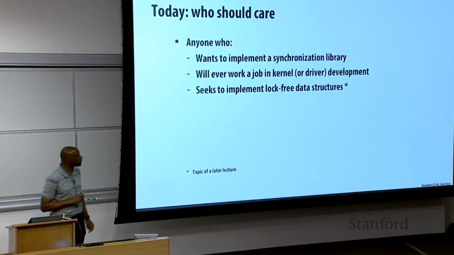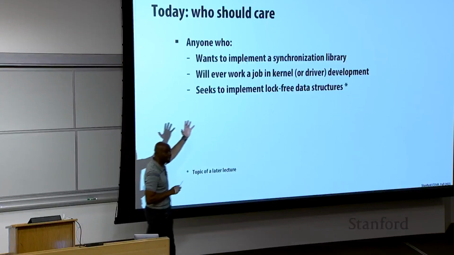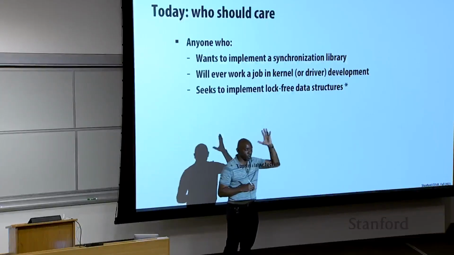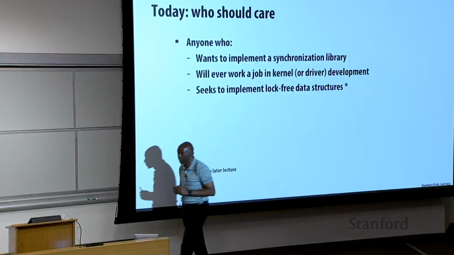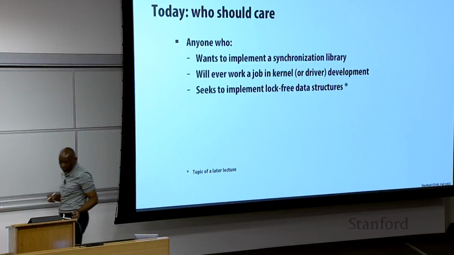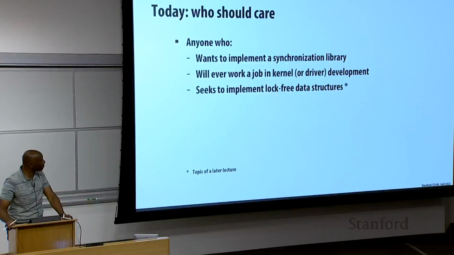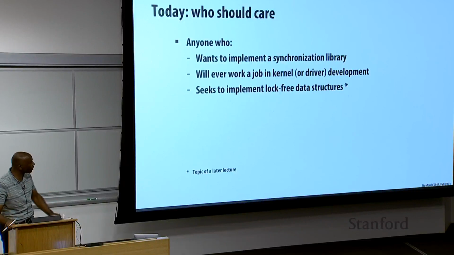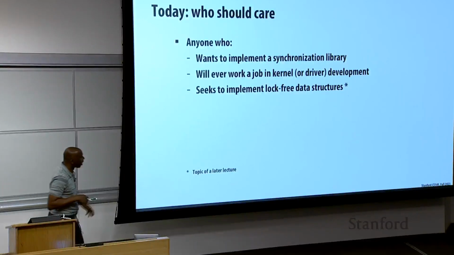So why should you care? If you want to implement a synchronization library, you really need to pay attention to memory consistency. And if you want to develop a compiler or low-level OS code, it's important to understand memory consistency.